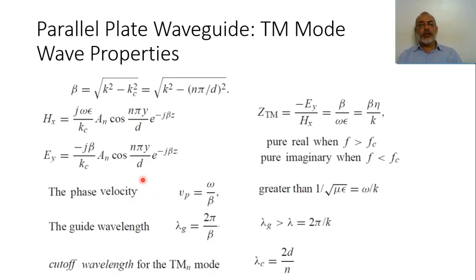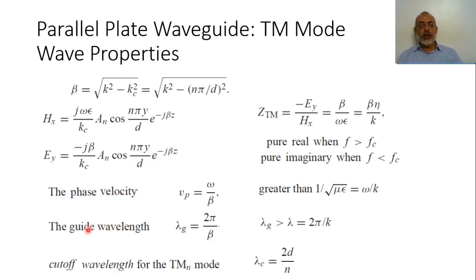So the phase velocity of the TM mode in the parallel plate waveguide is greater than the phase velocity of light inside the dielectric medium of the waveguide.